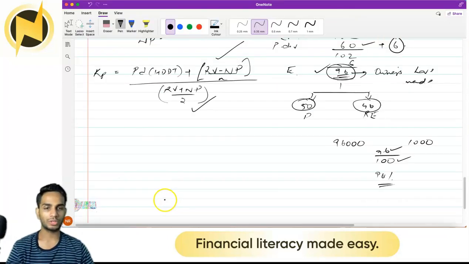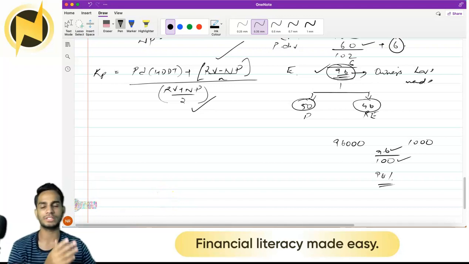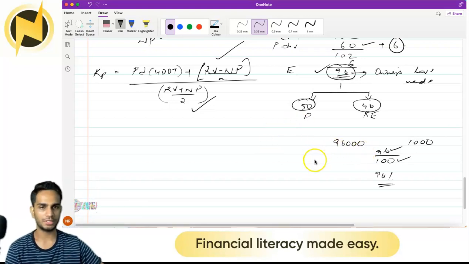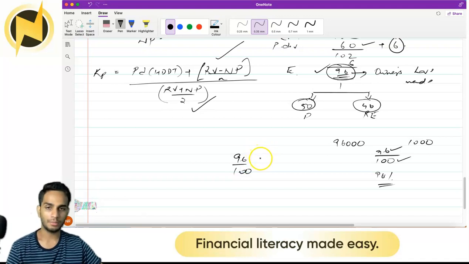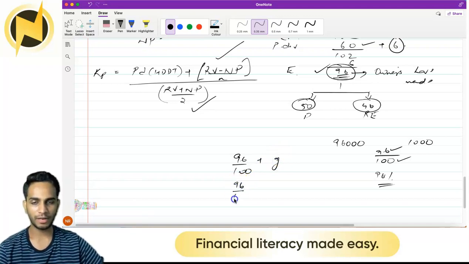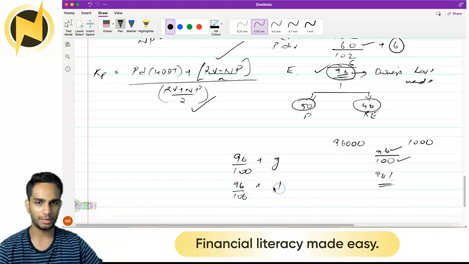That will be given in the question as well. The company expects a growth rate of 30%, or 20%, or 15%. This will be explicitly mentioned in the question. Say in our case, the company expects a growth rate of 10%. Then the formula is 96 divided by 100, earning per share divided by the market price, plus G, which is 10%, that is 0.1.